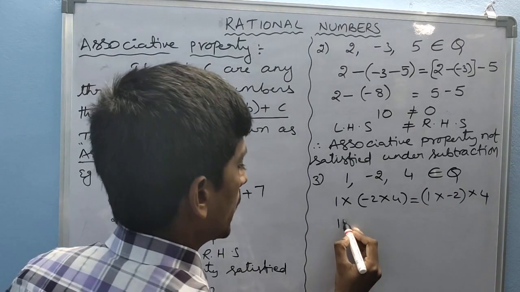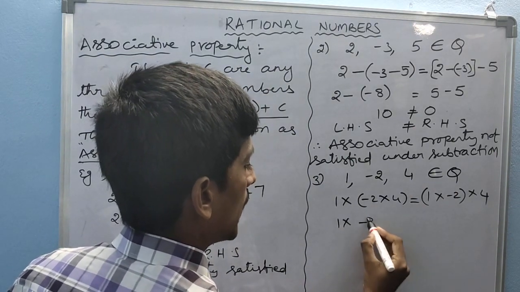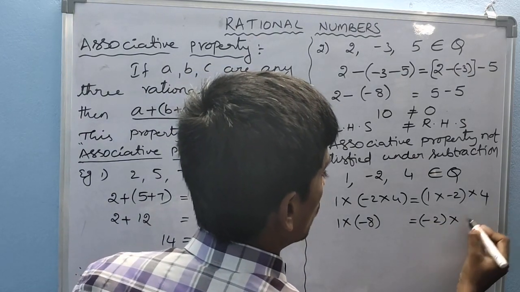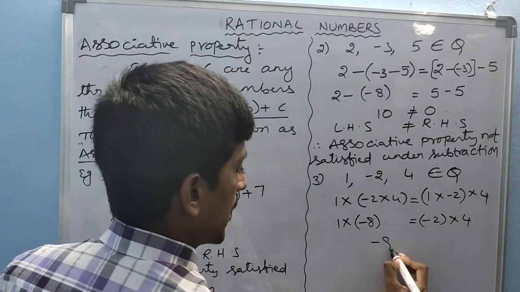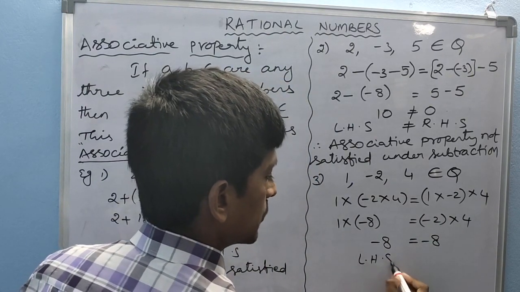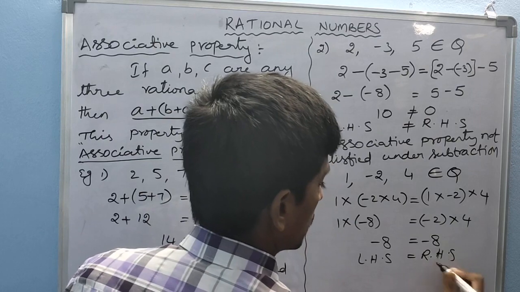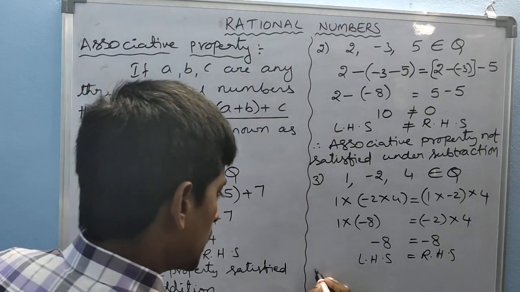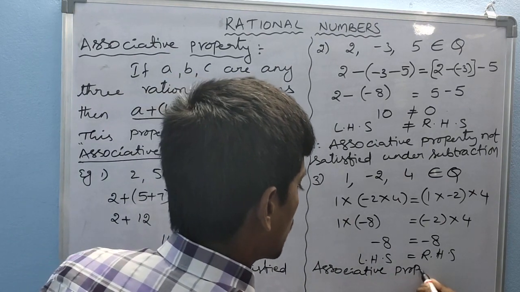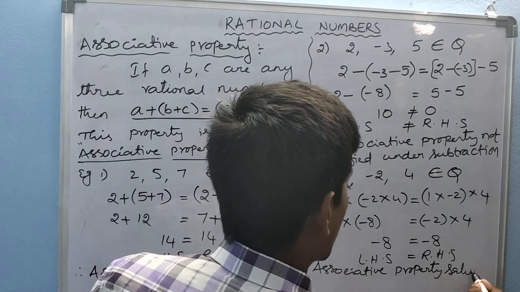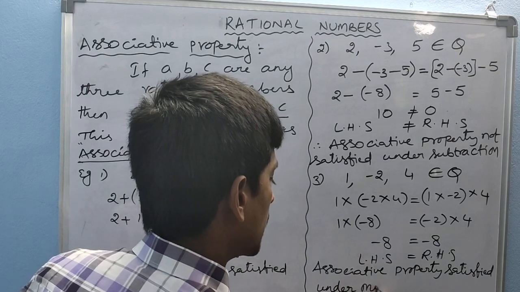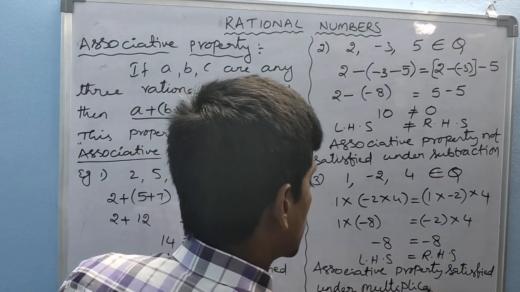On the left, 1 into minus 2 is minus 2, minus 2 into 4 is minus 8. On the right, minus 2 into 4 is minus 8, and 1 into minus 8 is minus 8. LHS equals RHS. So associative property is satisfied under multiplication.